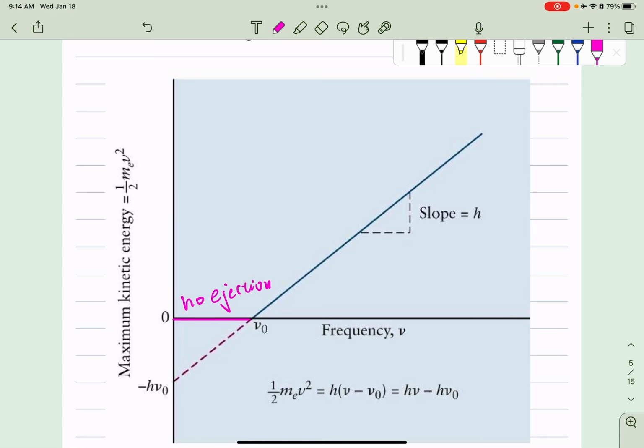And after the threshold frequency, there's a linear relationship between the kinetic energy and the difference between the frequency minus mu naught. And the slope there is just our Planck constant.